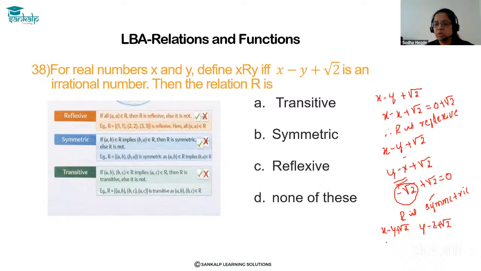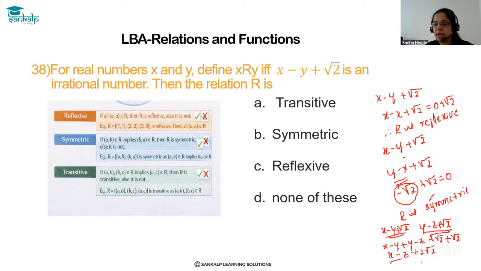So for that, what you have to do, add these two. So what will you get? X minus y plus y minus z plus root 2 plus root 2. So that is equal to x minus z plus 2 root 2. Correct?